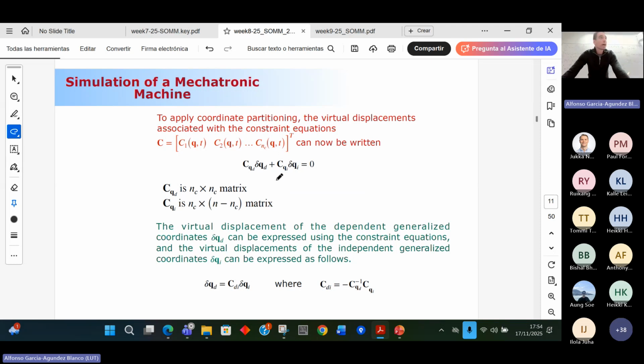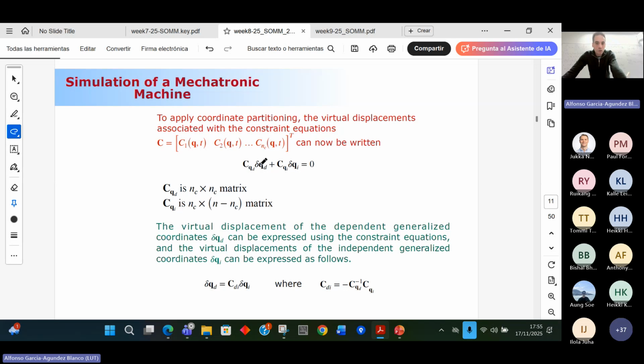And now you agree with me that from this equation, you can isolate the delta QD, the dependent coordinates, as a function of the independent, right? You can express these dependent coordinates as a function of the independent, and it is done by means of this equation, okay? You can read here that the virtual displacement of the dependent generalized coordinates delta QD can be expressed using the constraint equations as a function of the delta QI.